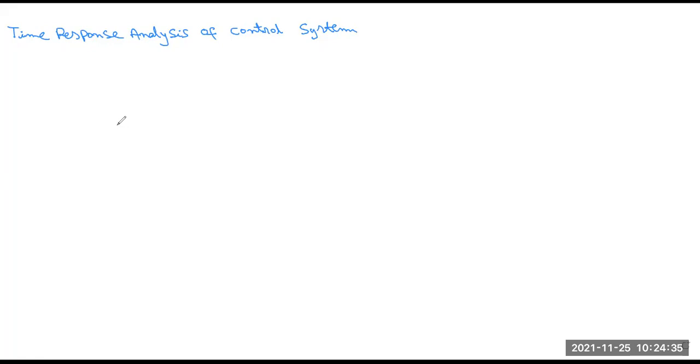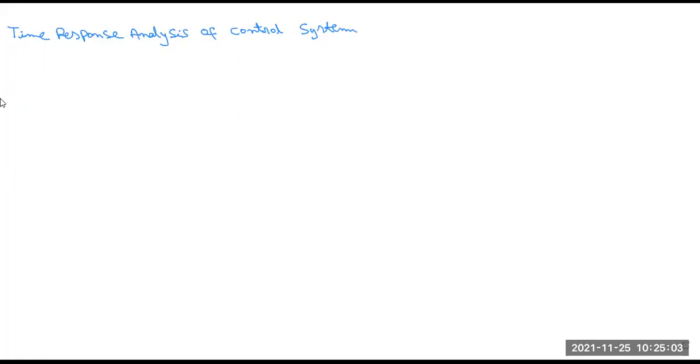First of all, we have to talk about time response analysis or time domain analysis of a control system. It means how a system behaves according to timing, with respect to time, when a specified input signal is applied.